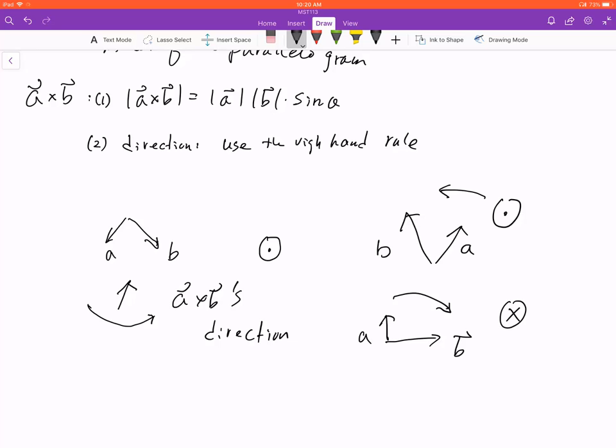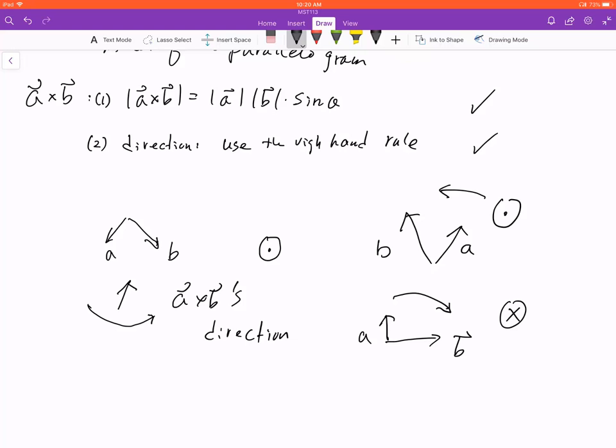So if you have a direction and also a magnitude, then this vector is completely determined. So we also know that this cross product can be defined in a physical way instead of a mathematical way.